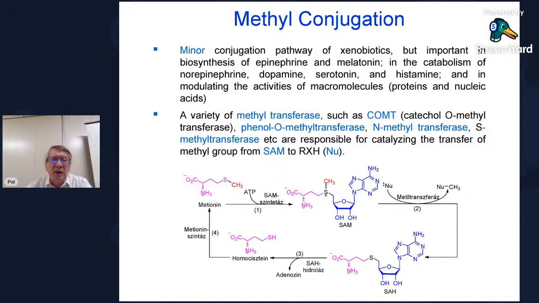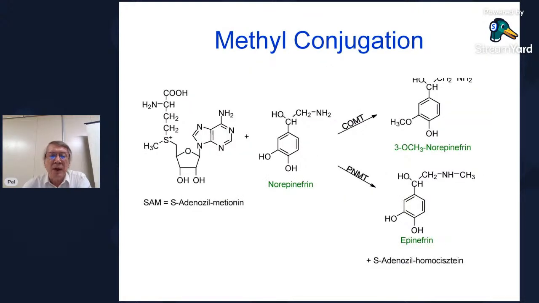responsible for catalyzing the transfer of a methyl group from the S-adenosyl methionine co-substrate, which is synthesized by the S-adenosyl methionine synthetase. This is methionine, this is adenosine, and this is the activated form of the methyl group, and the methyltransferase can transfer this activated methyl group to the nucleophilic site of the target.